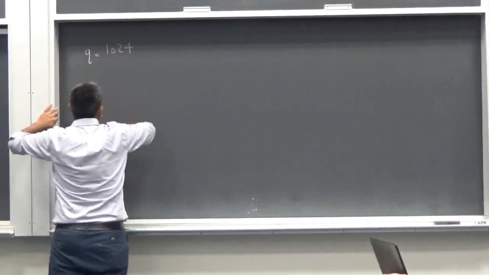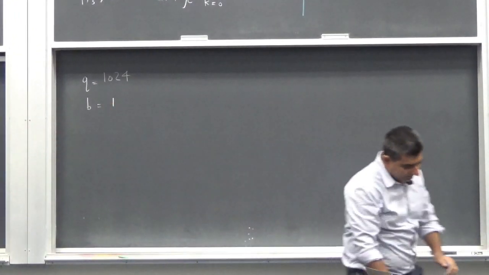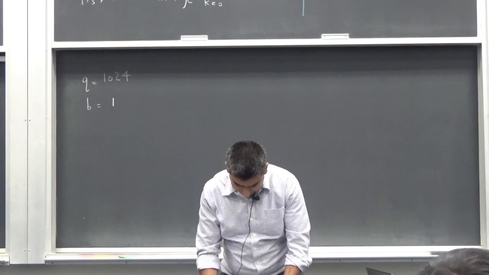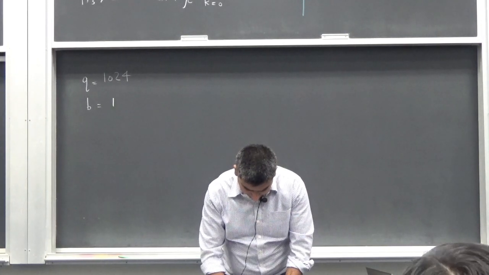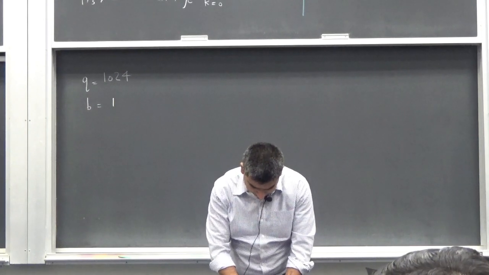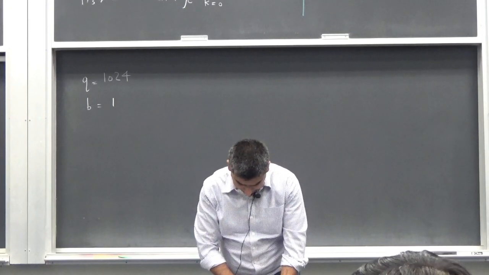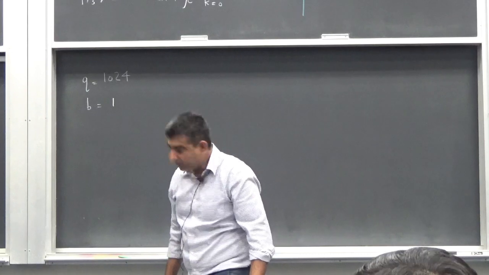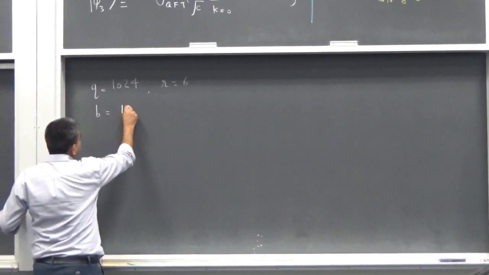Again, let my Q be 1024. Let my r be 6, my b be 170.